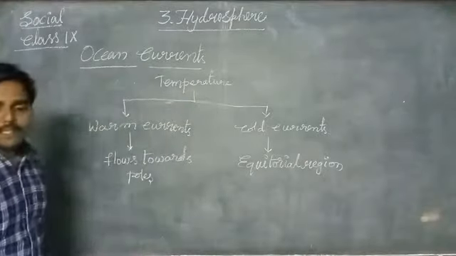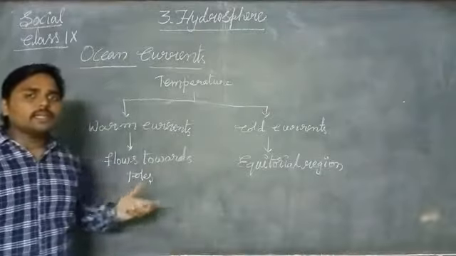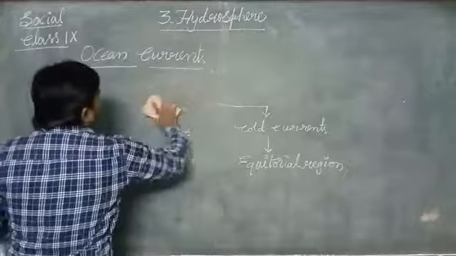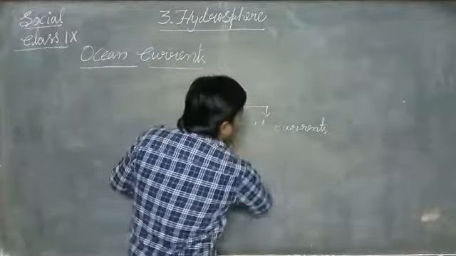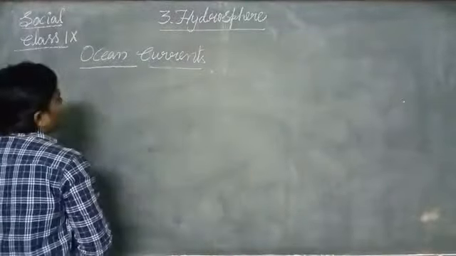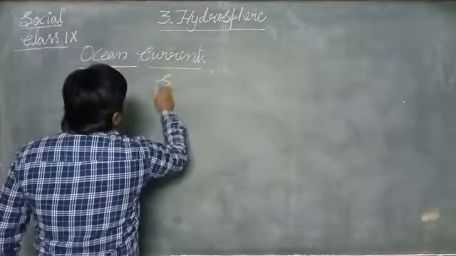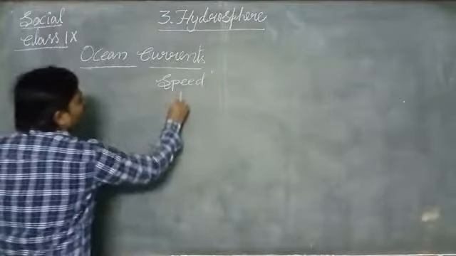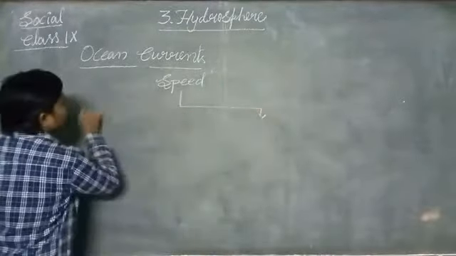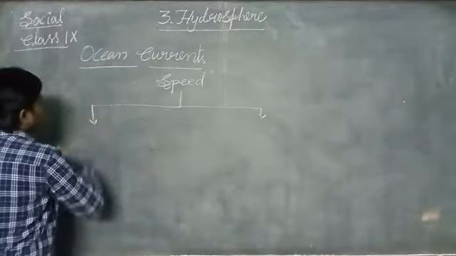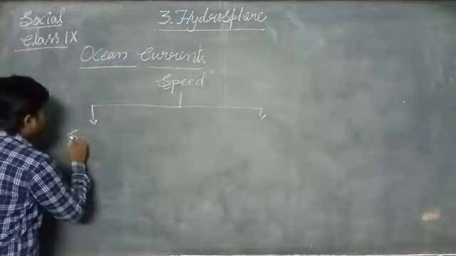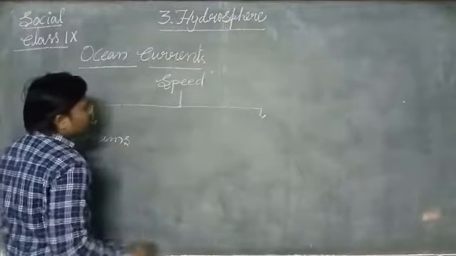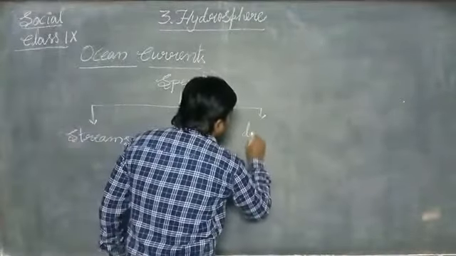Now let us see the different types of currents based on speed. Based on the speed, again the currents are categorized into two types, that are streams and drifts.